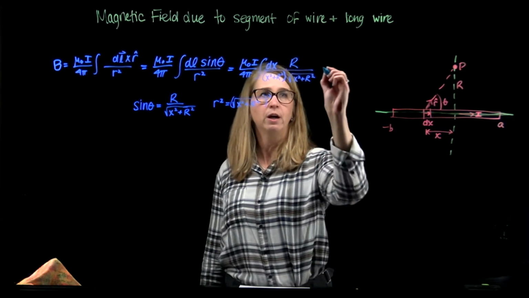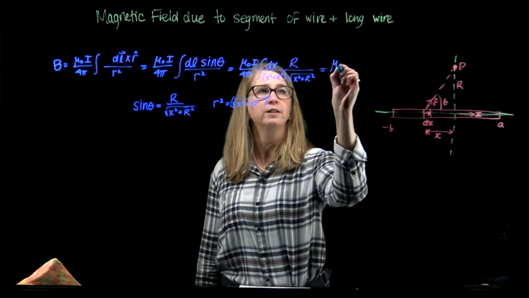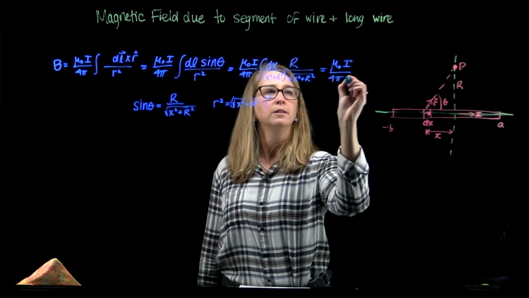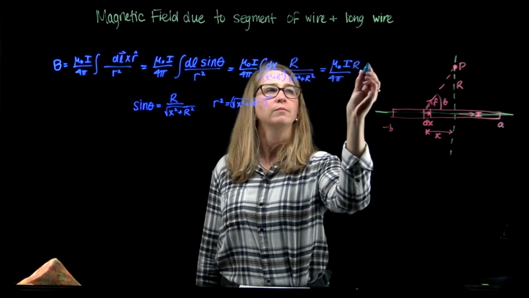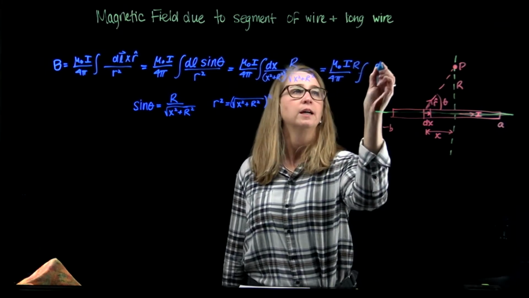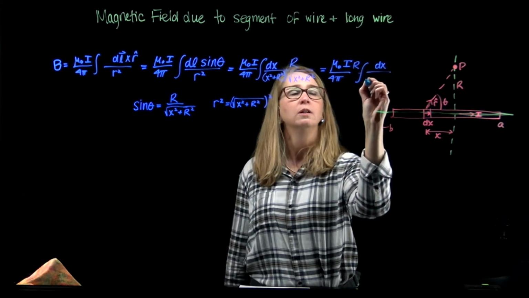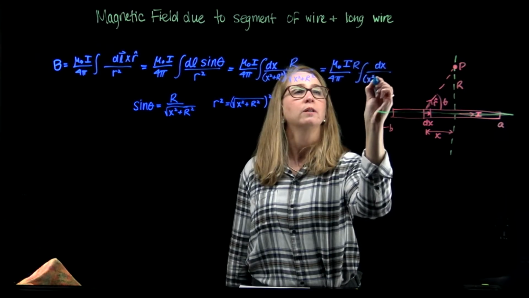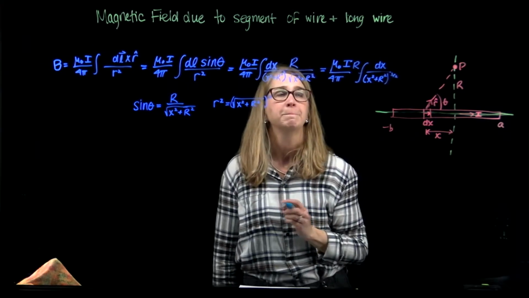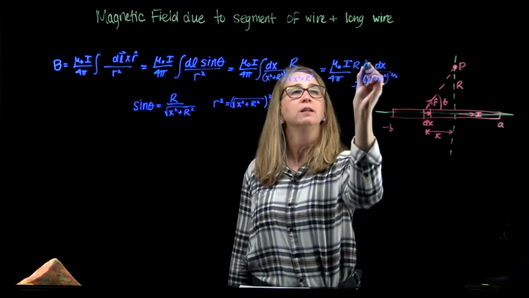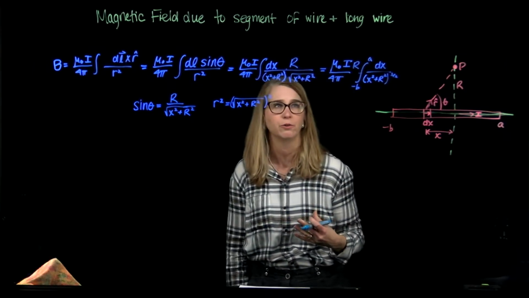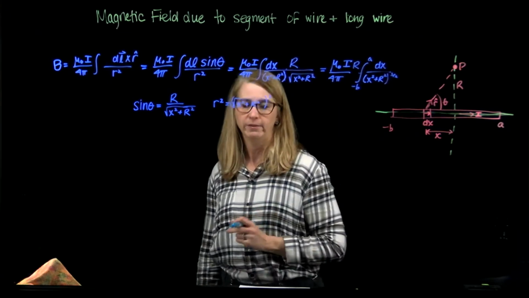So if I put all this together, and I'm going to try to take constants outside, I get that, and I'm going to get dx over x squared plus R squared to the 3 halves, and I'm going to go from minus b to a. So that becomes my integral. This is the integral I have to solve.